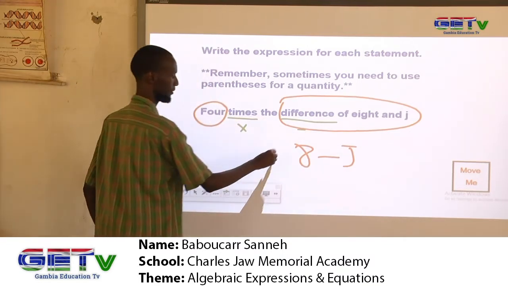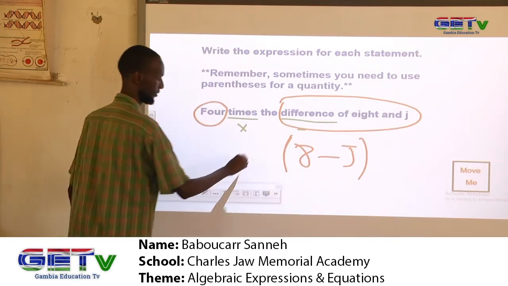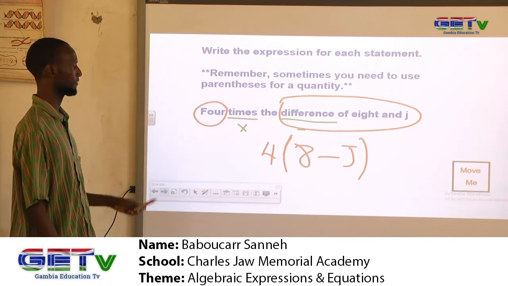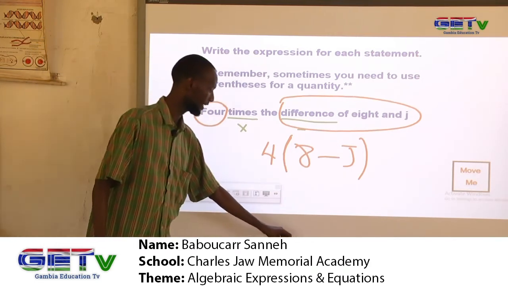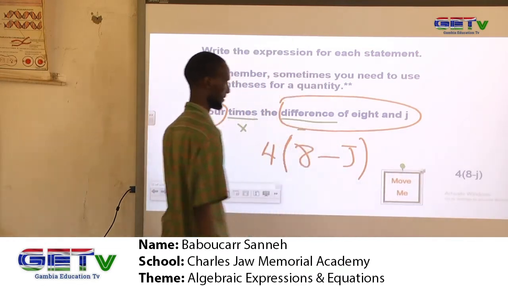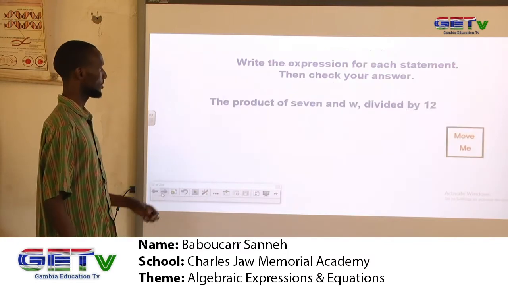That is why you now require the brackets or the parentheses. And then you get your 4 here. So that is how you write 4 times the difference of 8 and j. There you go. So the parentheses can be very, very useful.